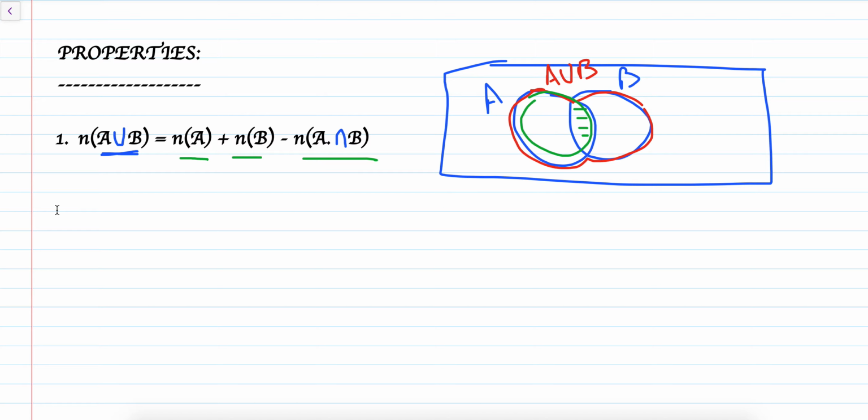And the second would be just extension of the first one. We can prove it using the first formula itself, but it's better to remember it.